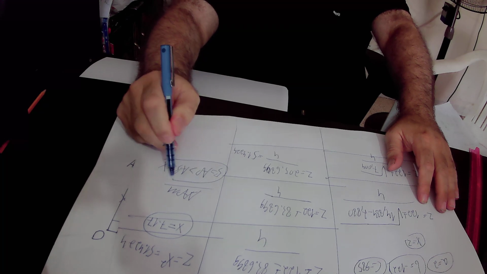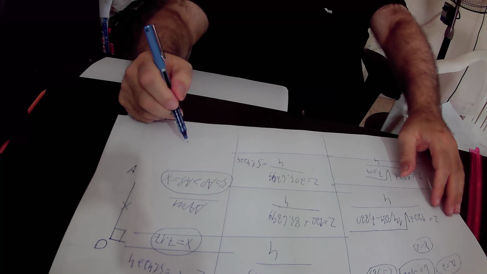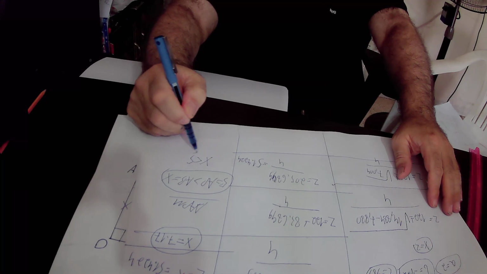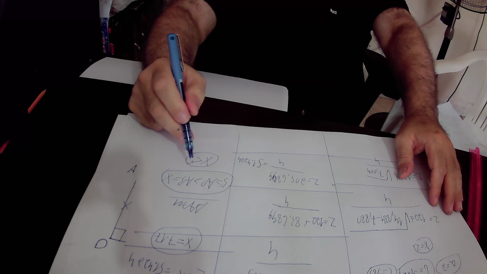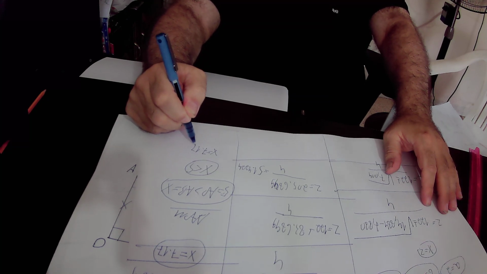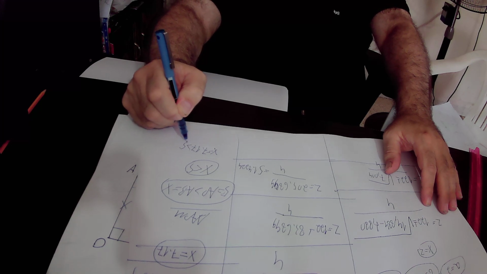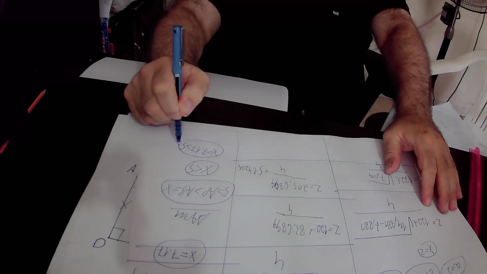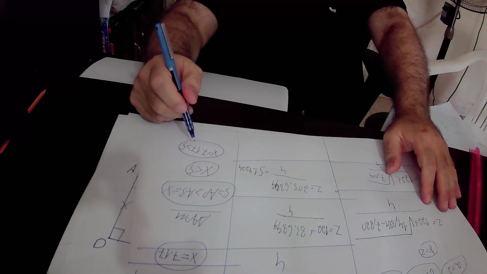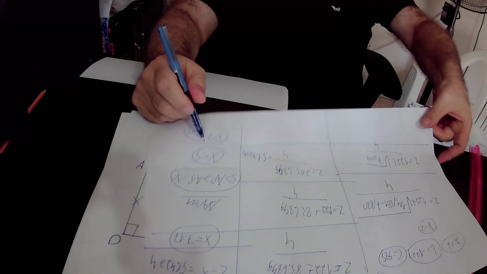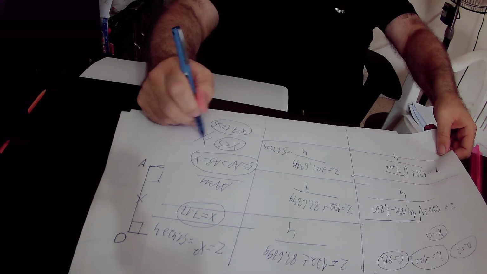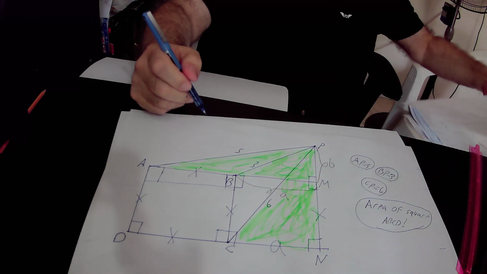So from this inequality, we get that x is less than 5 units. But we just found out that x equals 7.17 units, that is bigger than 5 units. So we have here a contradiction, and due to the contradiction, we cancel the first solution for z, and we focus only on the second solution.